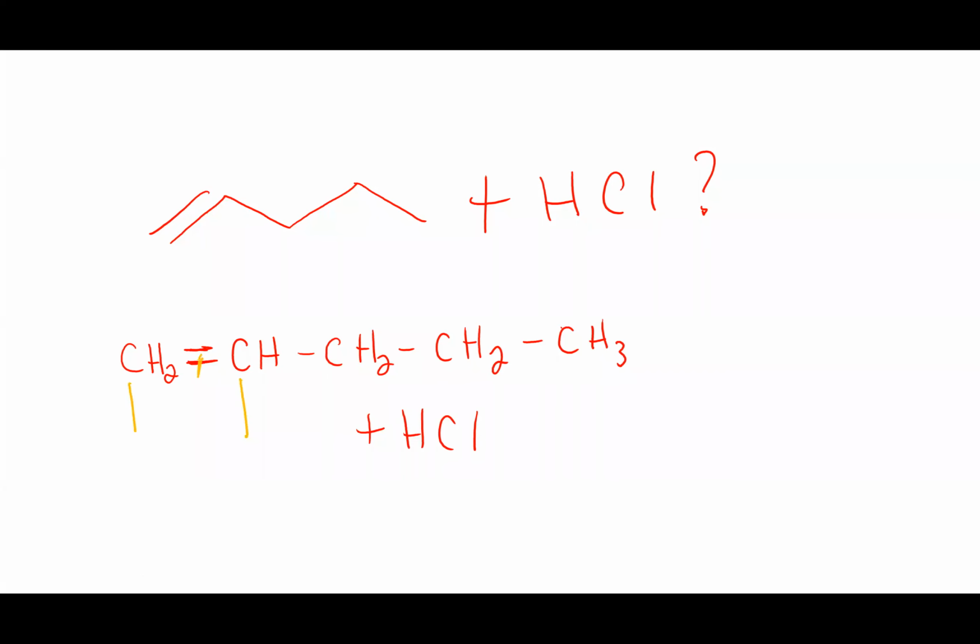So that double bond gets broken, I form new bonds. The hydrogen will go on the carbon that has the most hydrogens. So it goes on the left. That means the chlorine must go to the one on the right. So that's why the chemical compound we get looks like this.